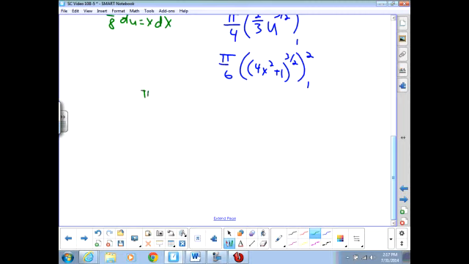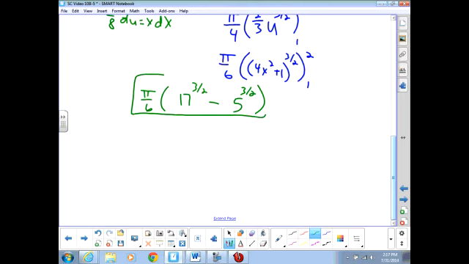So we will have pi over 6 times, when you sub in the 2, 2 squared is 4, 4 times 4 is 16, plus 1 is 17, so you'll have 17 to the 3/2, minus, when you sub in 1, 1 squared is 1, times 4 is 4, plus 1 is 5, so minus 5 to the 3/2. I would suggest leave it just like this.